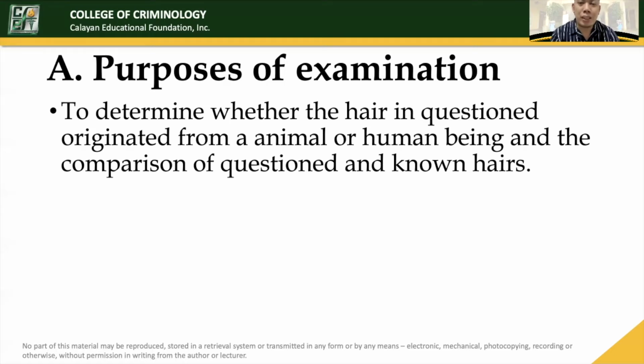So that means if you are looking into the comparison of the hair of the victim, there should be the sample that you are trying to prove whether it is the hair of the victim or not that may be found on the suspect's clothes. So dalawa. So you have to compare it using a comparison microscope.